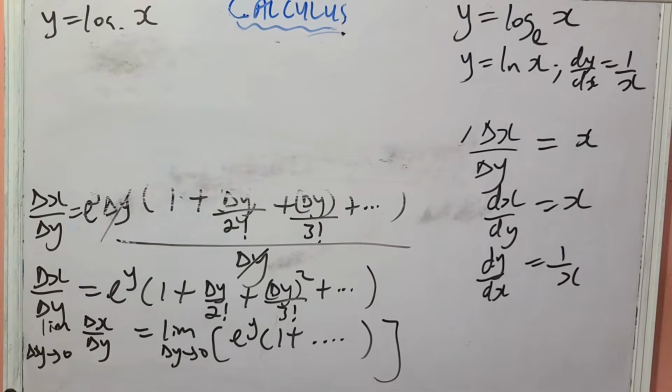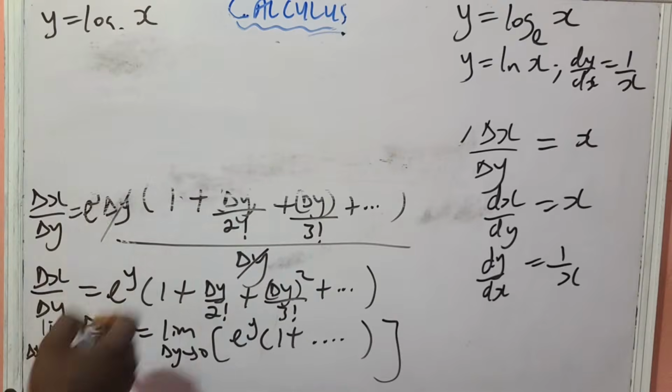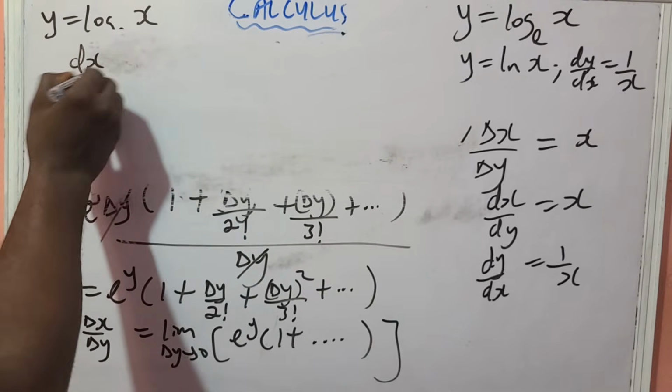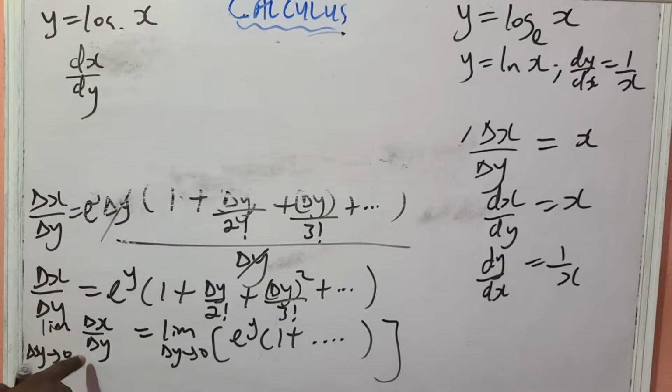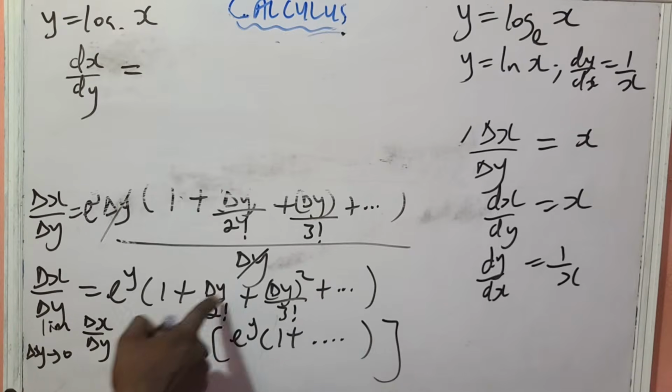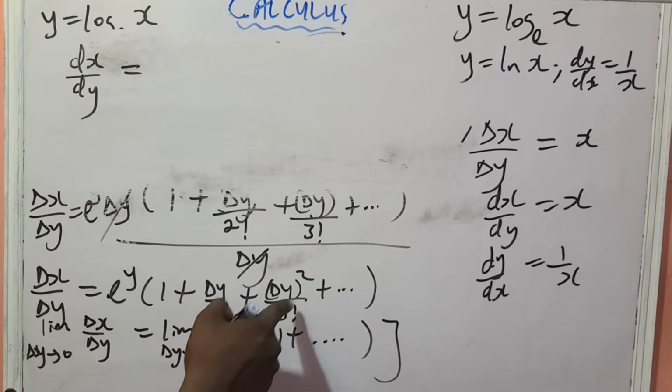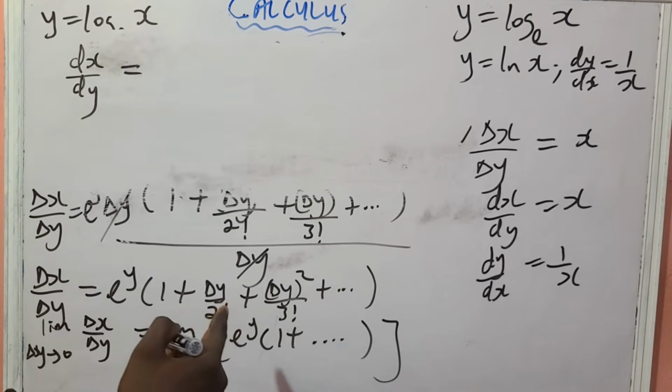When you apply the limit, what will happen is that you'll be having the dx over dy. Of course, taking the limit of this, in this case now, you want to fill in the y as 0 in all these things. So the y as 0 here will be 0 over 2, 0 square over 3, and on and on. I'm sure you can see what we're talking about.